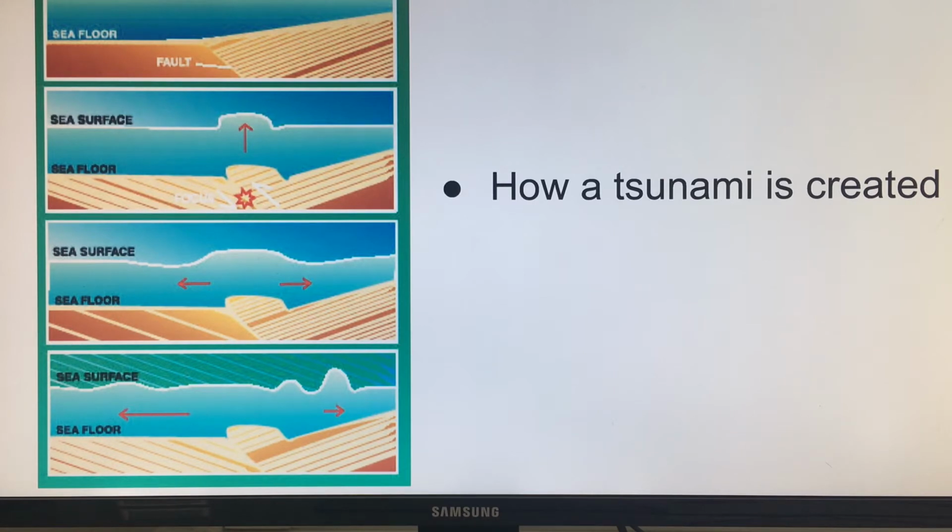In the case of earthquakes, they will create really rapid vertical movement, and that will create a lot of waves. Depending on the force and the magnitude of the earthquake, that will create a lot of tension and movement, and it will create tsunamis.